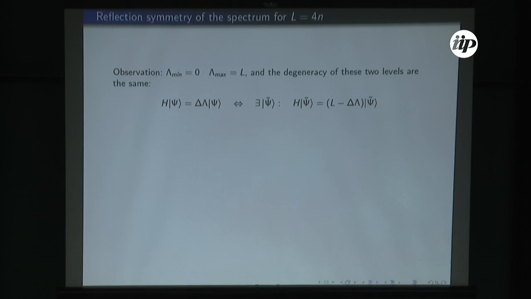And there we see that the minimal energy is 0, the maximal eigenenergy is L. If there is a state with energy delta L, there exists another state with energy L minus delta L. So the whole spectrum is symmetric, including degeneracies.